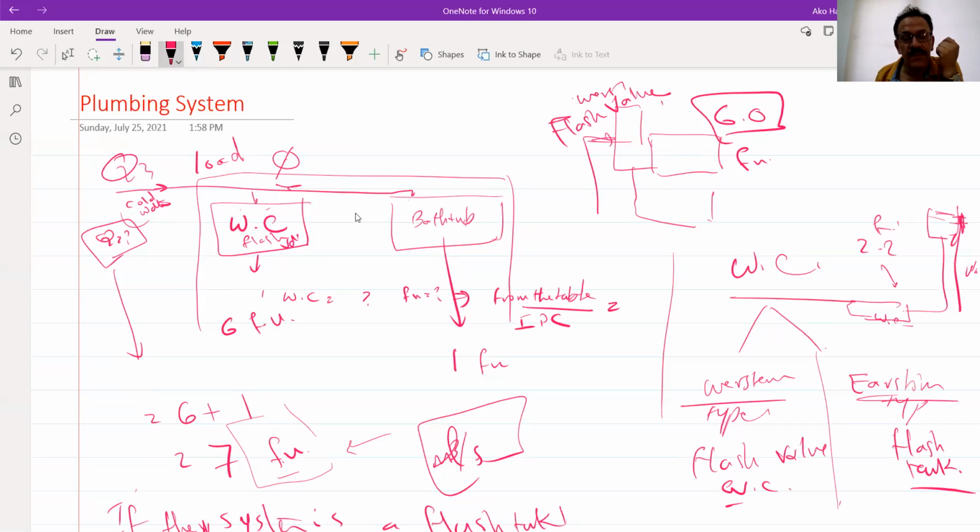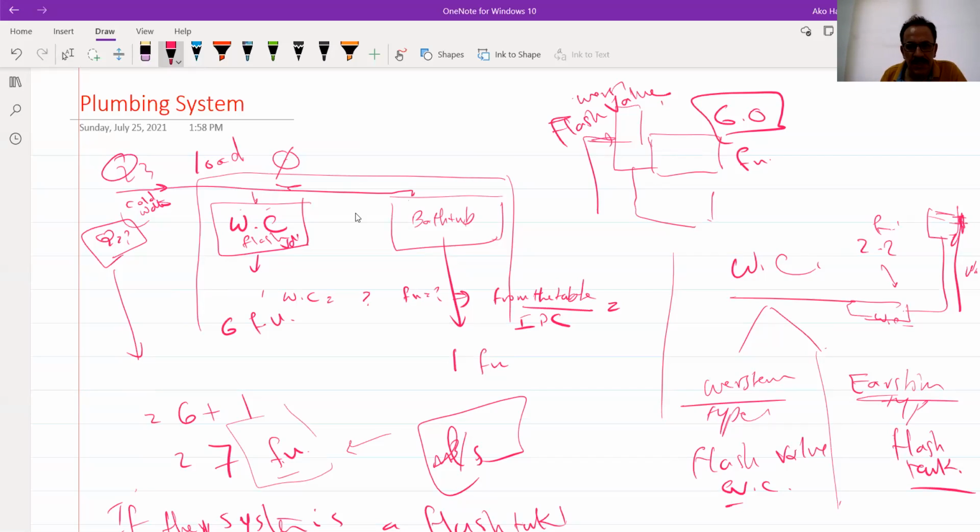For each of them, there are certain circumstances of use. So bathtub and water closet, maybe you need to use the water closet 3 to 4 times a day, but you need to use the bathtub just 1 time a day, right?